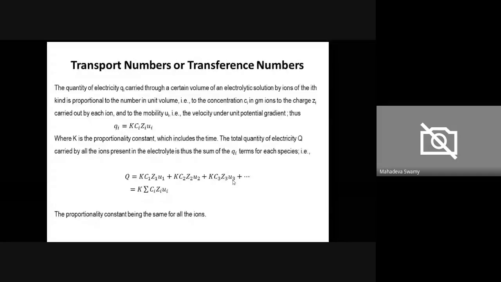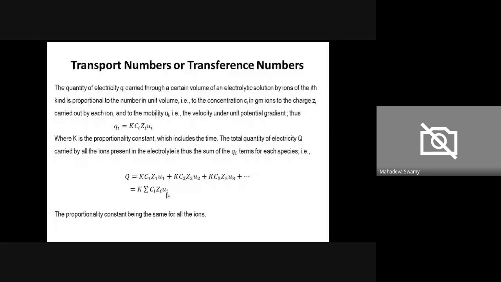Okay. So here the proportionality constant is the same for all the ions. Because of that, we take K as common, with the summation over i, where i stands for the many kinds of ions present in the electrolyte: Ci is the concentration of the ith kind, Zi is the charge of the ith kind, and Ui is the mobility of the ith kind of ions present in the solution.